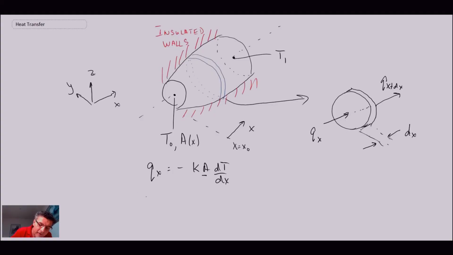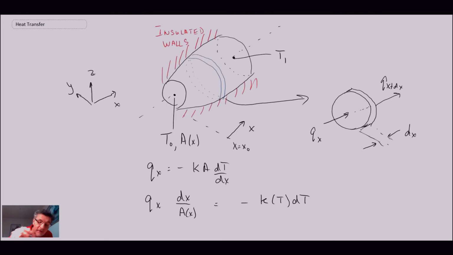So let's rearrange this. So we have that if we rearrange Fourier's law.